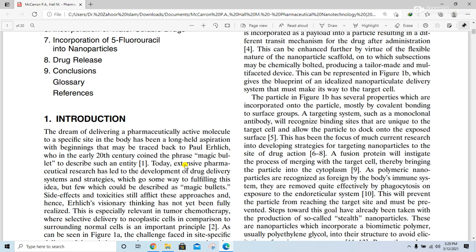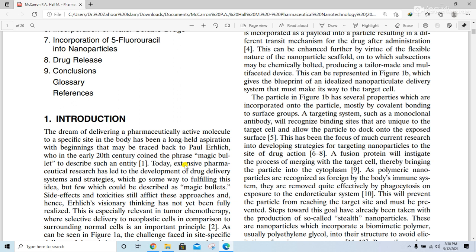Today, extensive pharmaceutical research has led to the development of drug delivery systems and strategies which go some way to fulfilling these ideas, but few could be described as magic bullets. Side effects and toxicity still affect these approaches, and hence this visionary thinking has not yet been fully realized.